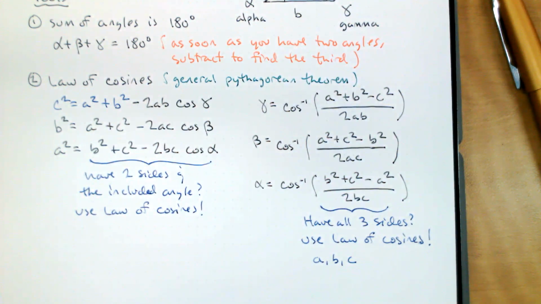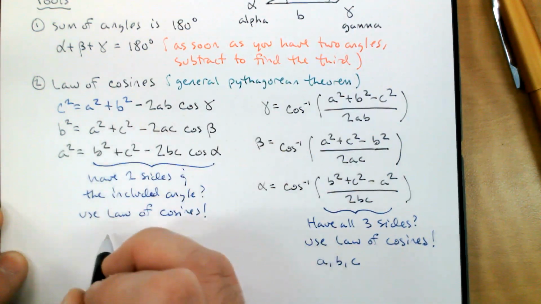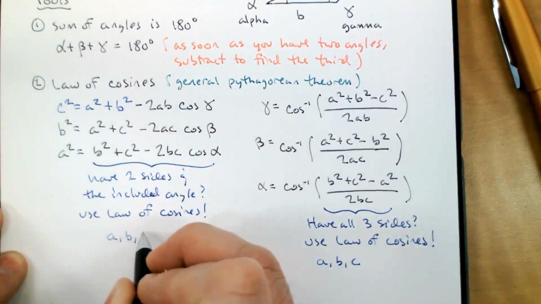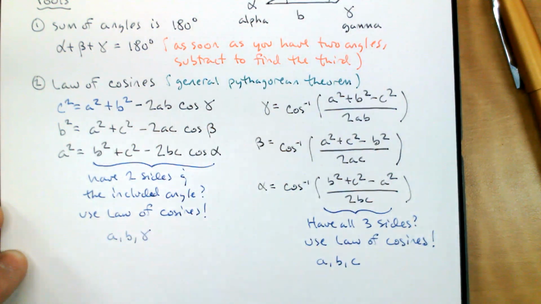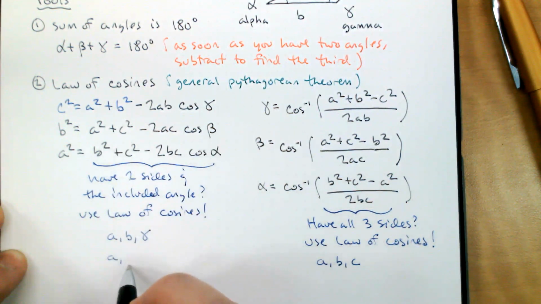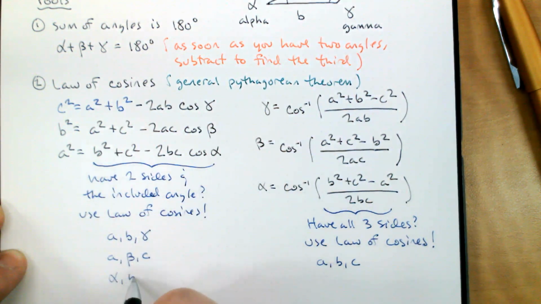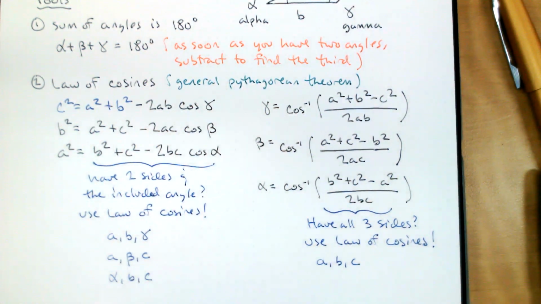In the case of 2 sides and the included angle, I have alpha, B, and C, or I have A, beta, and C, or I have A, B, and gamma. So when I look at this set of information, A, B, gamma related to C, I think of this as a full set of information.